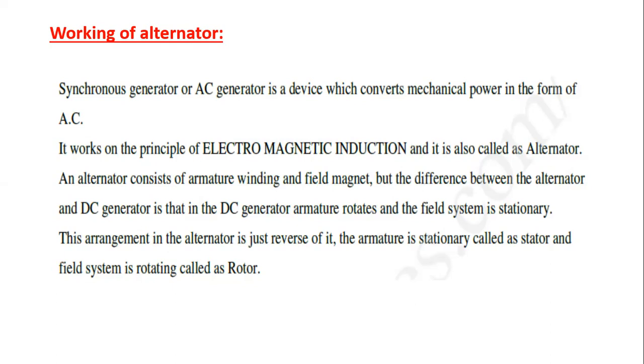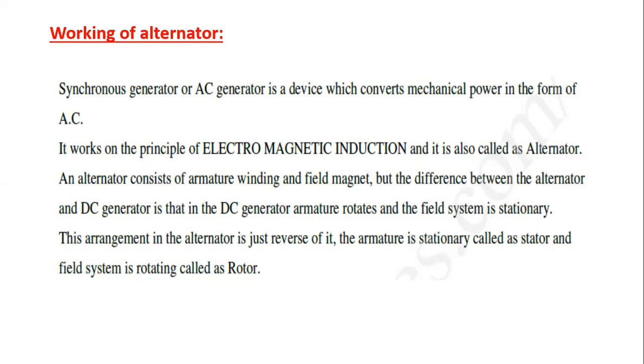What are the basic parts of the alternator? Stator and rotor. The stator is the stationary part and the rotor is the rotating part. The conductor is placed in the stator and the field winding is placed in the rotor. When the rotor is rotated, the magnetic field is also rotated.